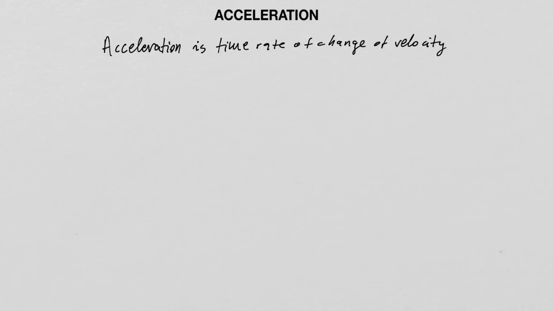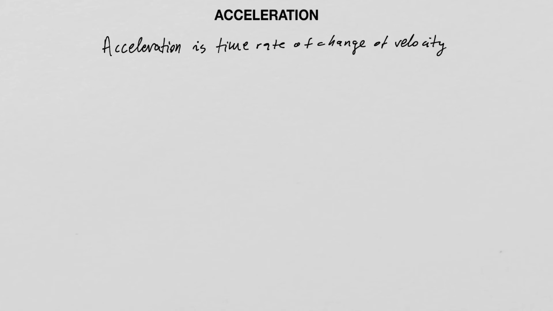The last quantity associated with motion of objects is acceleration. Acceleration is simply defined as the time rate of change of velocity. Notice that the definition involves velocity and not speed.